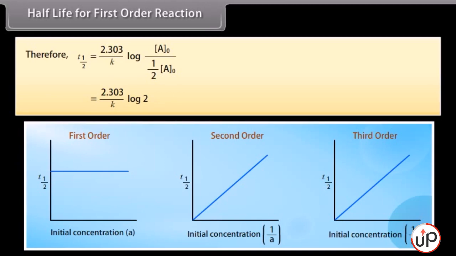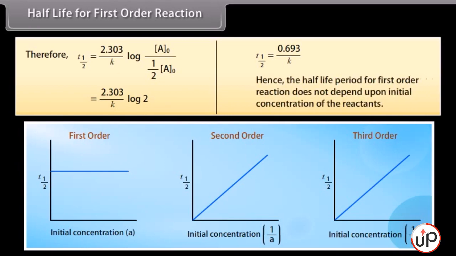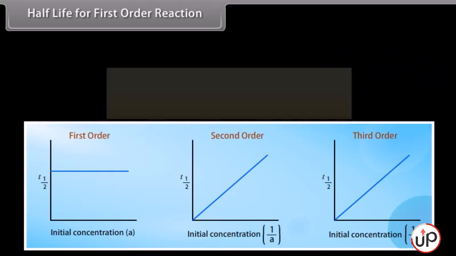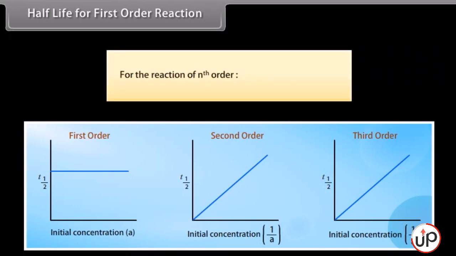It can be written as t half is equal to 0.693 divided by K. Hence, the half-life period for first-order reaction does not depend upon initial concentration of the reactants. For the reaction of nth order, t half is inversely proportional to 1 upon A naught raised to the power n minus 1.